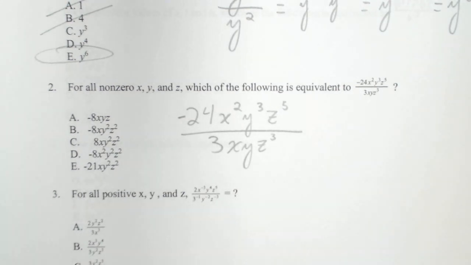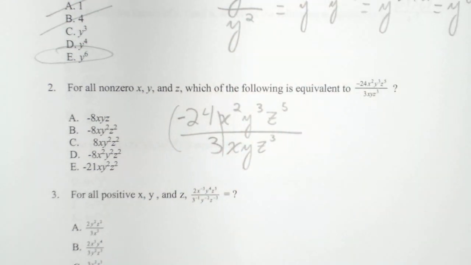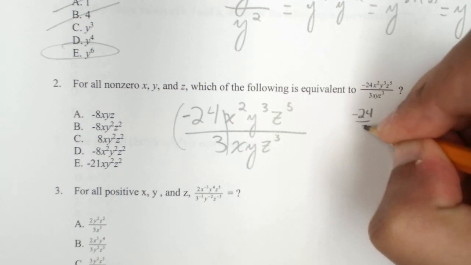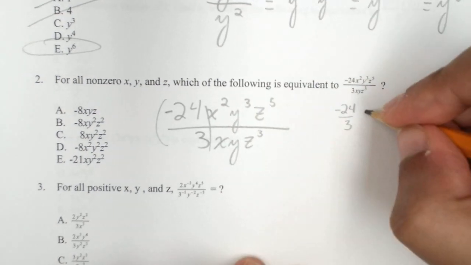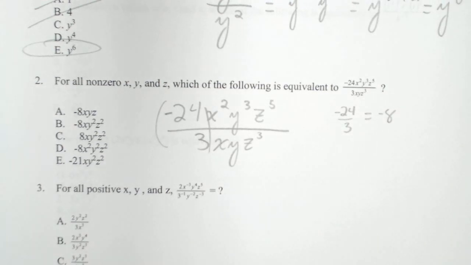So we're going to go step by step here. First, we're going to look at these coefficients. -24 divided by 3, that's just -8. So we know the coefficient in our answer is going to be -8, which means we can go ahead and eliminate C and E.